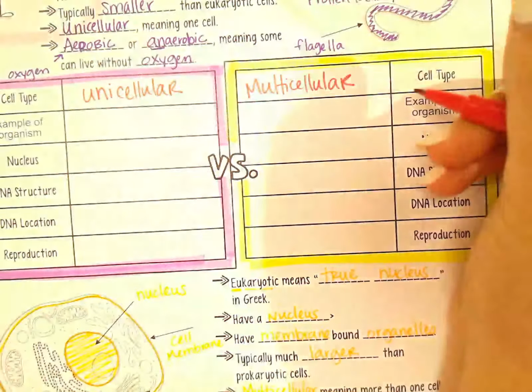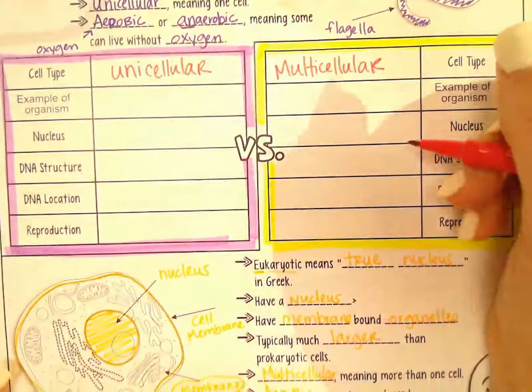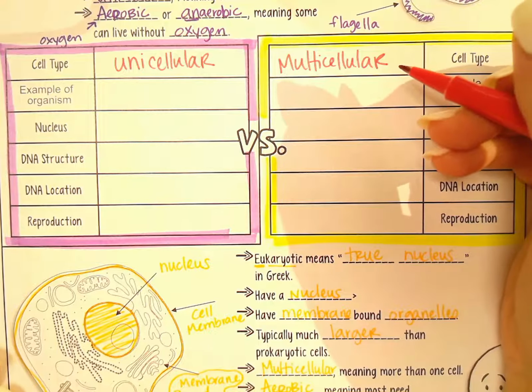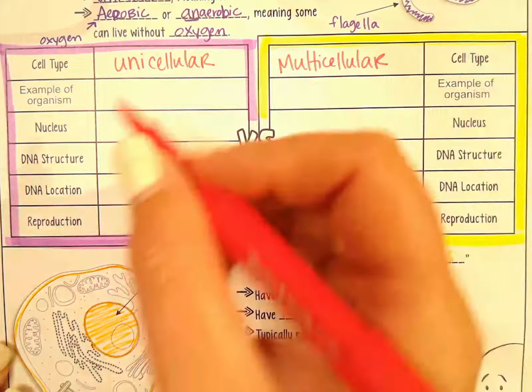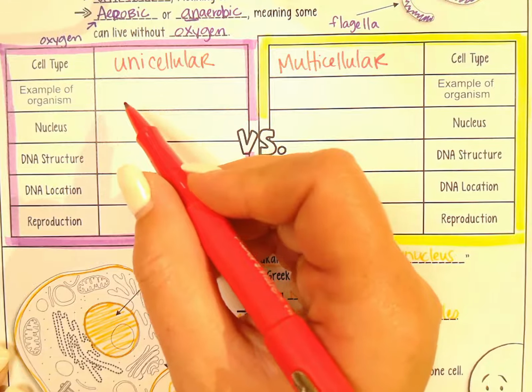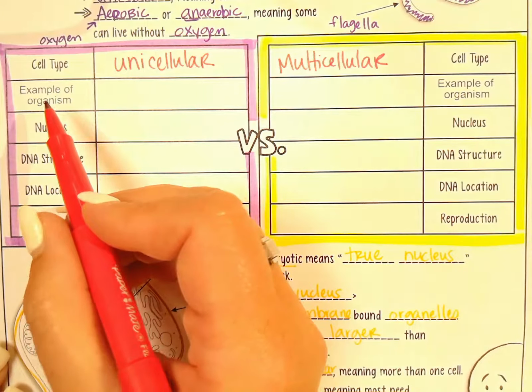Organisms that have eukaryotic cells are usually made of multiple cells, like plants, trees, people, dogs, cats, snakes, right?